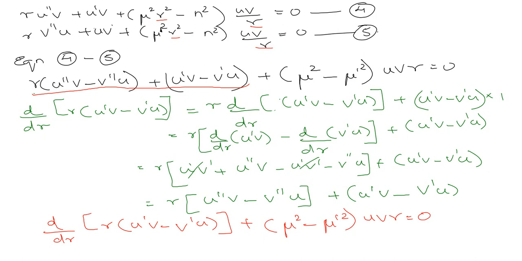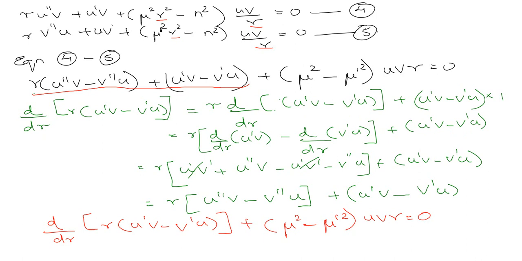So r into d by dr of u dash v minus d by dr of v dash u plus u dash v minus v dash u.